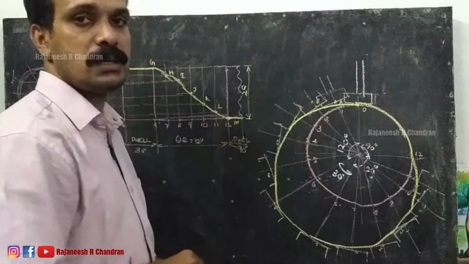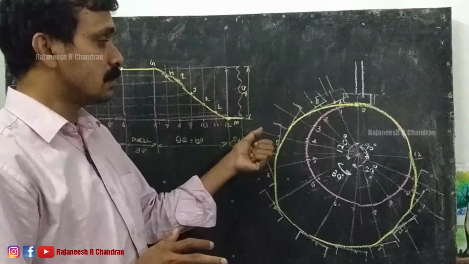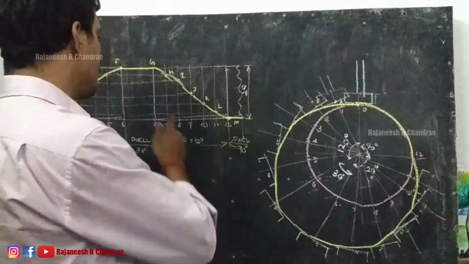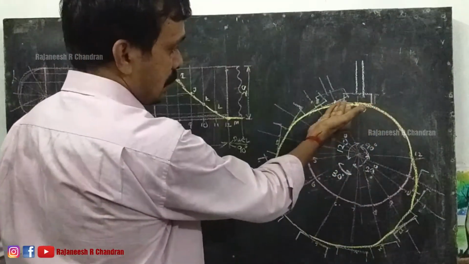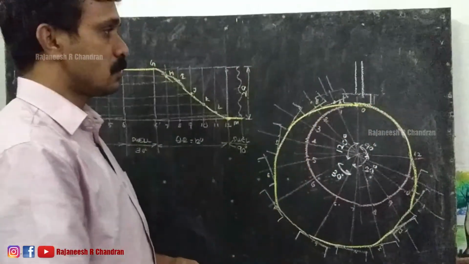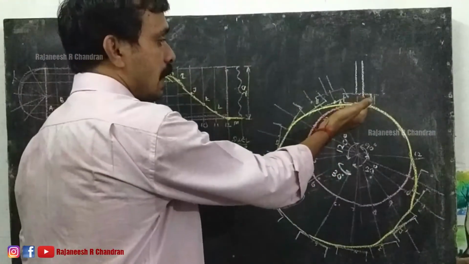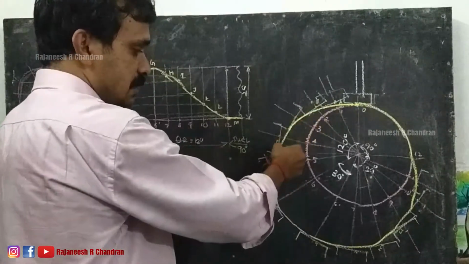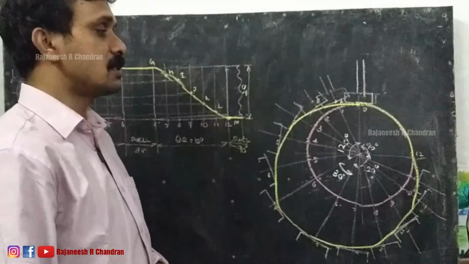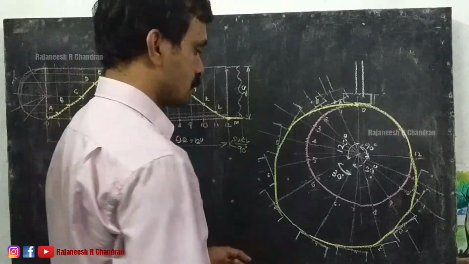That's the only issue in this problem. After drawing these followers at every A, B, C, D, E, F in this cam profile, you can connect like this, so that at every follower there will be a single point, and that single point is to be selected so that the curve is tangential at that point. So this is the method of constructing the cam profile for a flat faced follower.